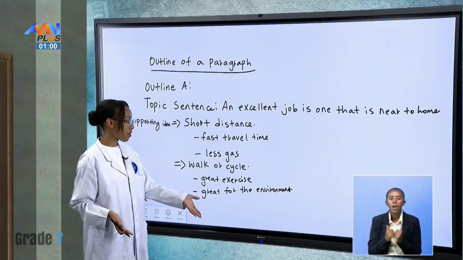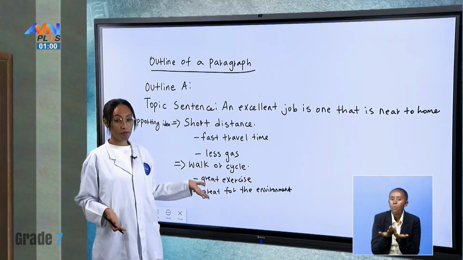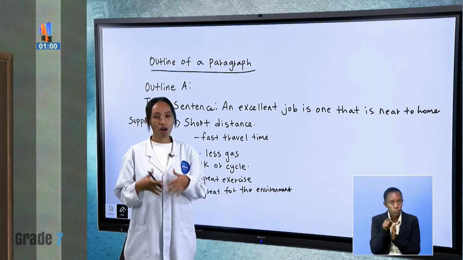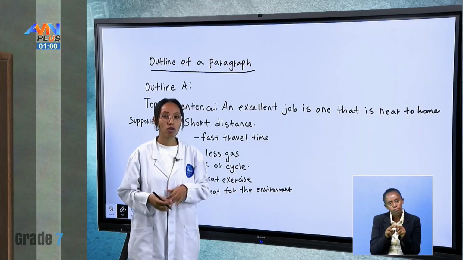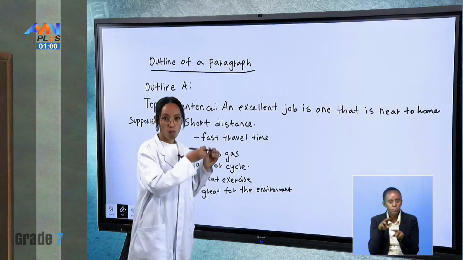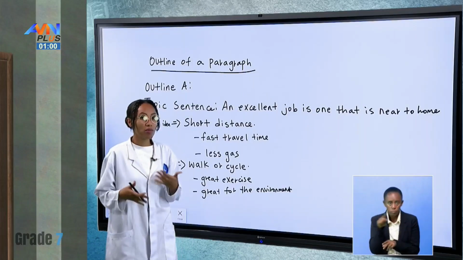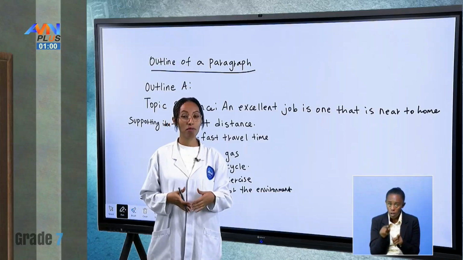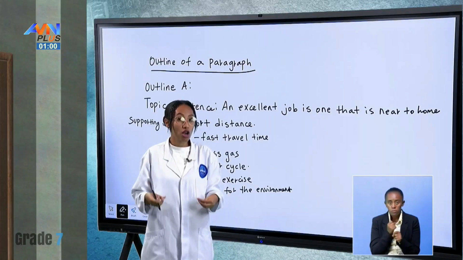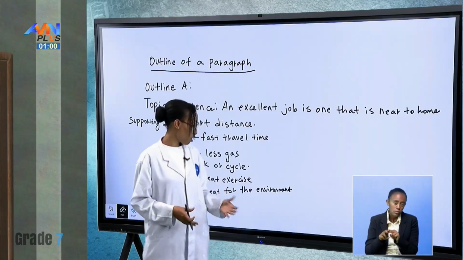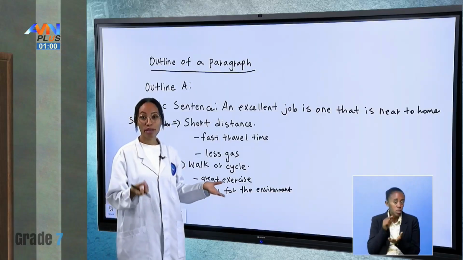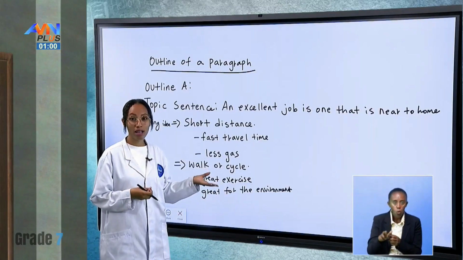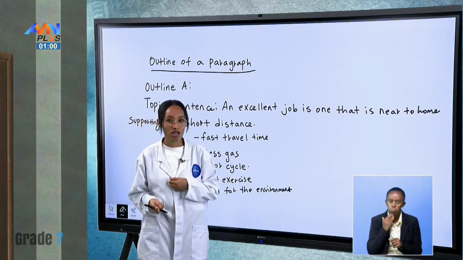How is it great for the environment, or how is it great for exercise? Imagine if you sit a long time in a taxi or in a bus going from one place to another. It may not be healthy for you, especially if you have a job where you get to sit all day at a desk. So if your job is near your home, and you take a walk or cycle, it would be good exercise for you.